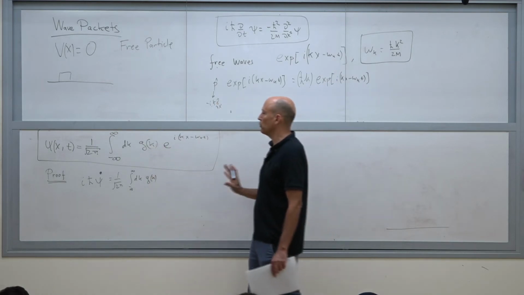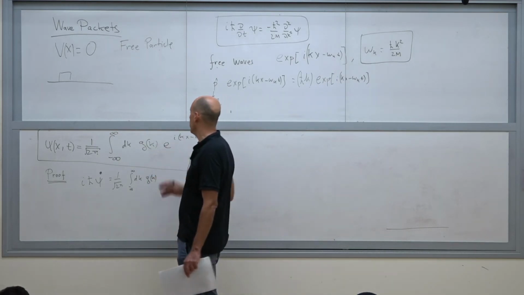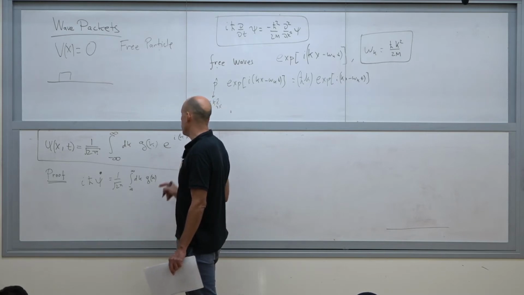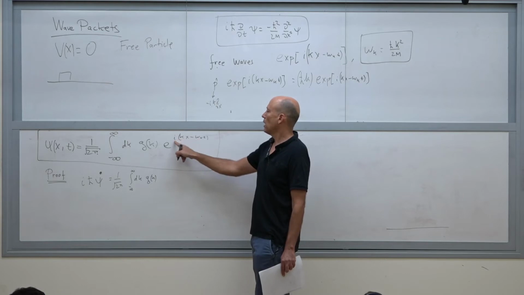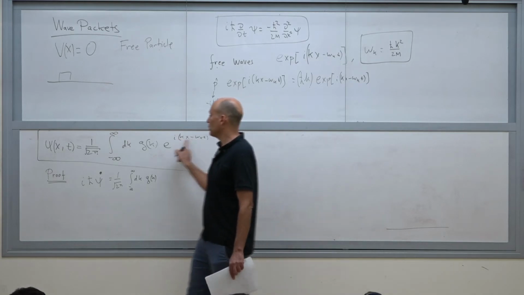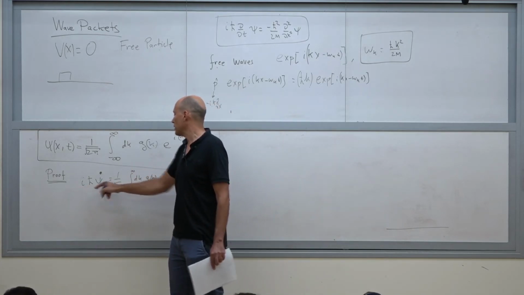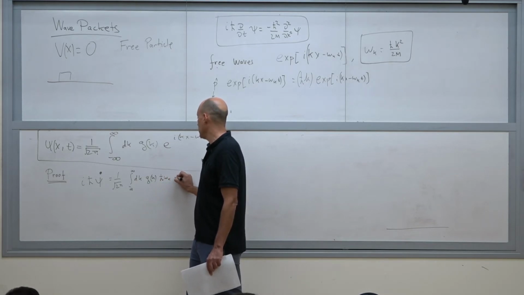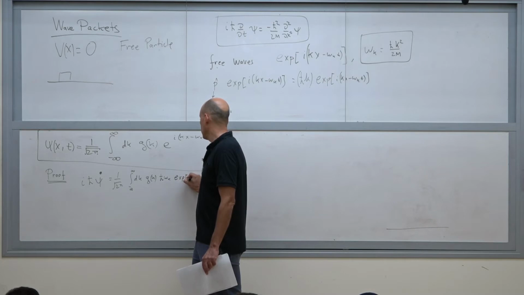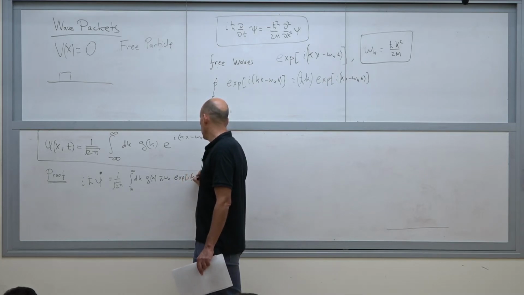It's some function of k only. K is like momentum. And now I take the derivative. So to take the derivative, I get here omega k i with a minus. i times minus i is 1. And here I get h bar omega k exponent i k x minus omega k t.